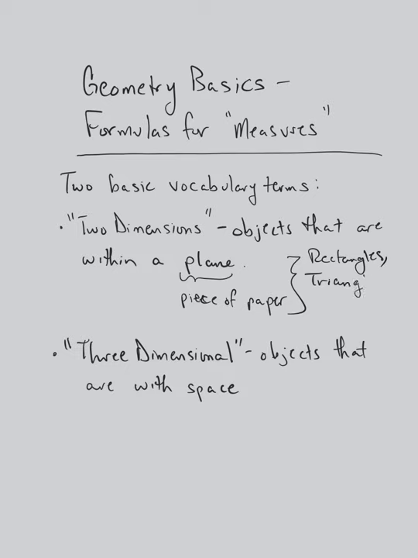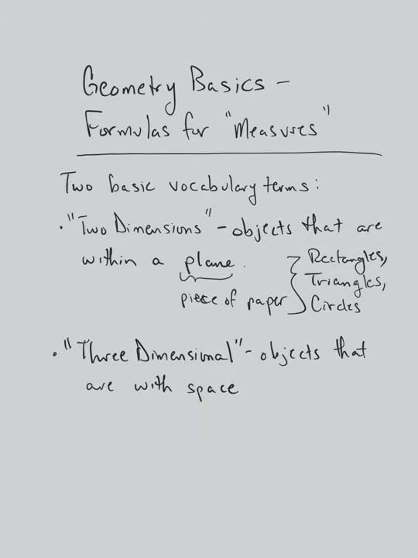There's going to be another object that we talk about called a trapezoid. I'll explain that in a minute if you've never heard of that. And also circles are within a plane. So adding in the trapezoids, we'll look at those four basic shapes and talk about different kinds of measures for them.